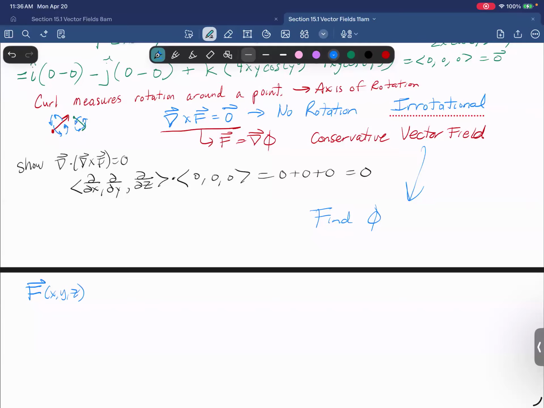We have f of x, y, z, which is f in the x component, comma, f in the y component, f in the z component. That should equal ddx, ddy, ddz of phi.